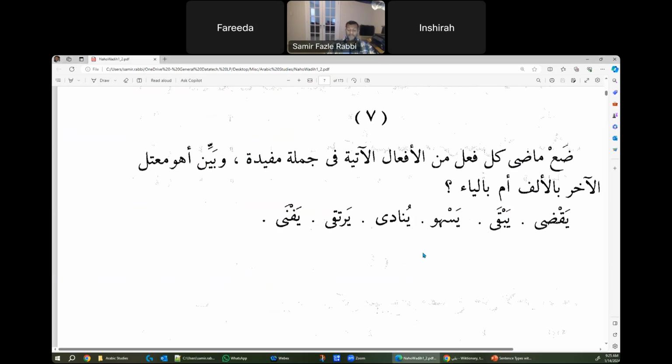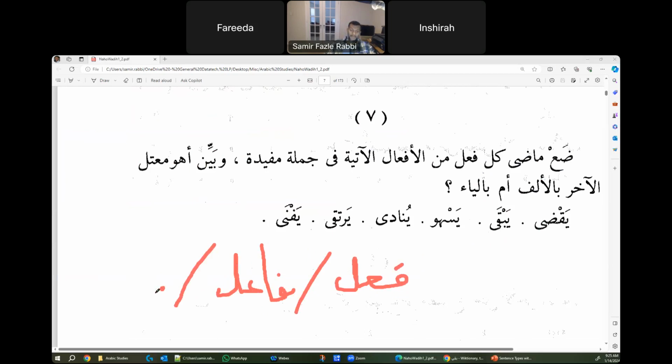If it's a jumla fi'liya, we're definitely going to have a fa'il, and then the maf'ul bihi is optional. It depends on the situation. Sometimes you have to have a maf'ul bihi, you have to have an object because the verb requires it. So you can't just say he saw, or he went.